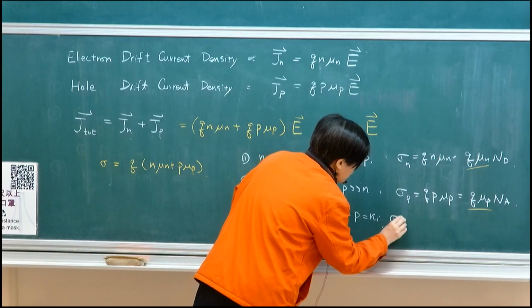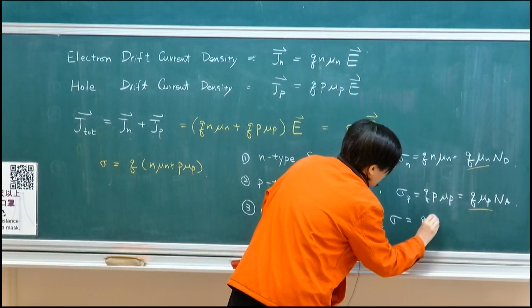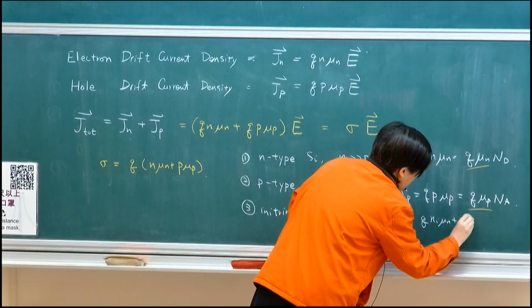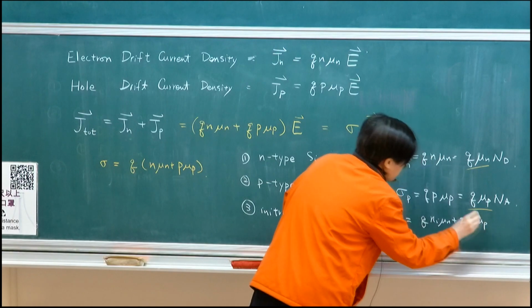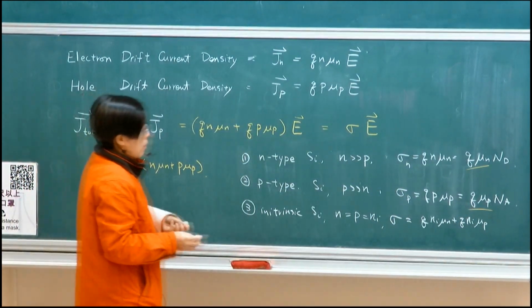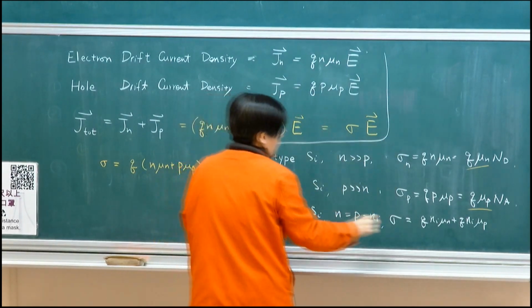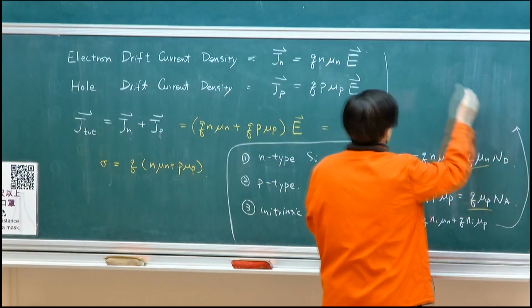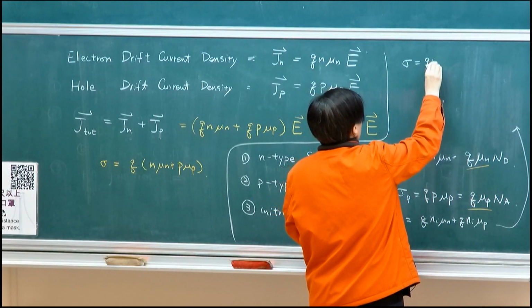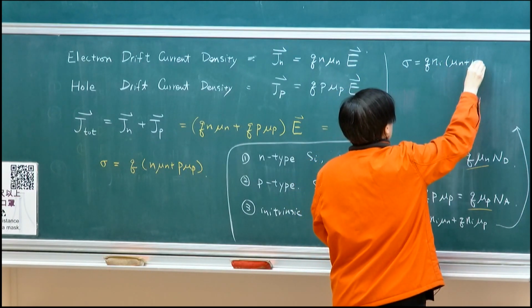Its conductivity will be q ni mu n plus q ni mu p. So you will then get something like this: q ni (mu n plus mu p).